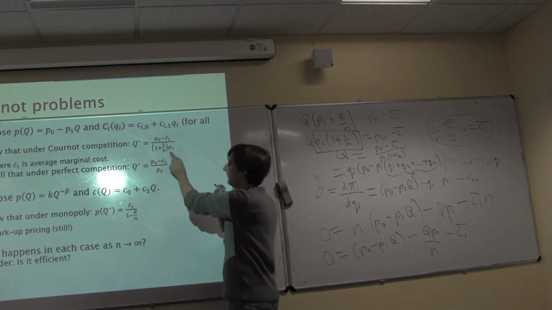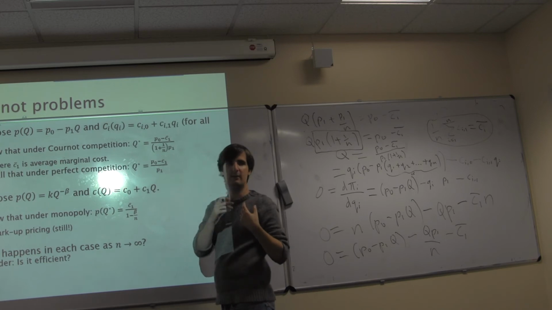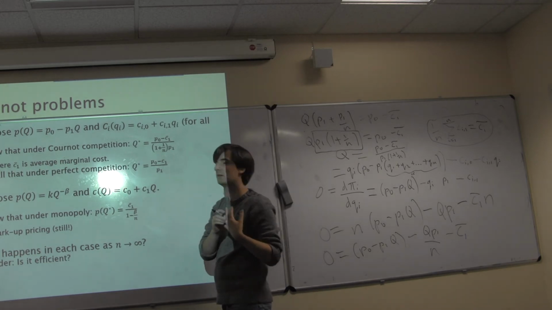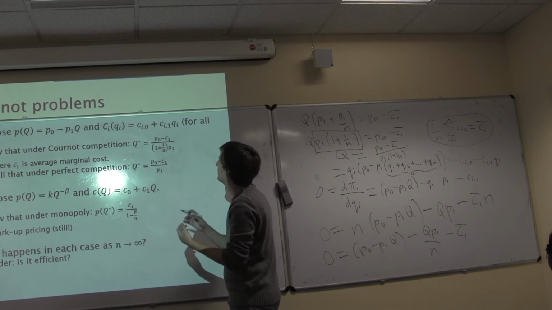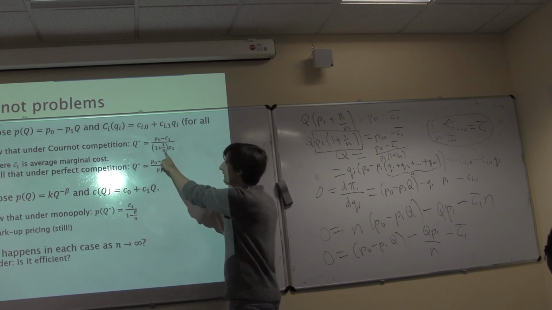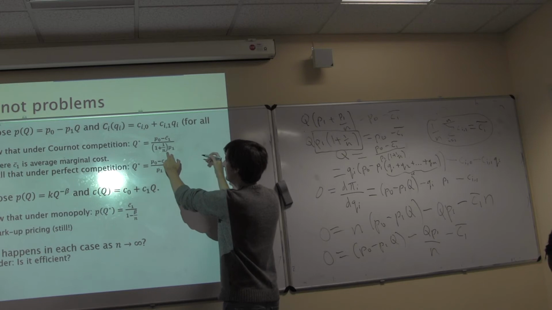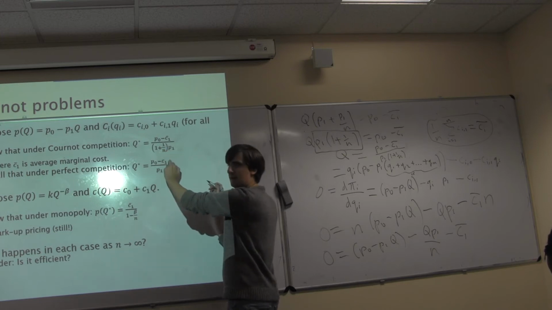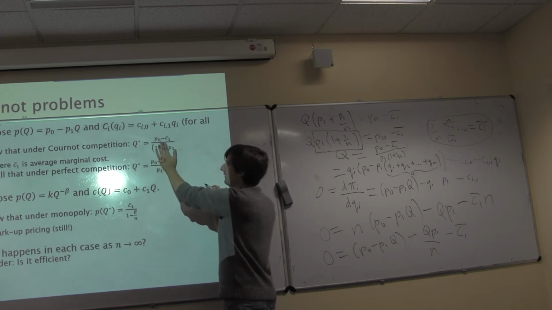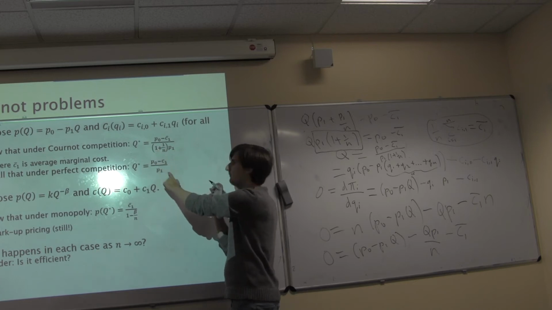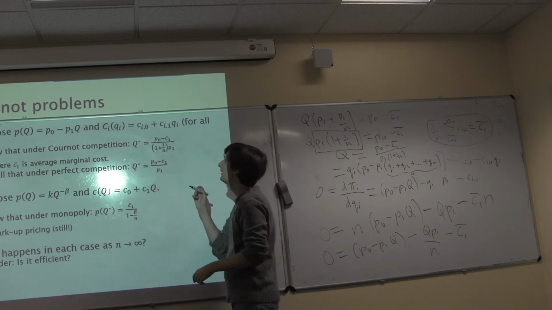So with monopoly, quantity is half what it is with perfect competition, with these linear costs. But as n increases, 1 over n gets smaller. As n goes to infinity, 1 over n goes to 0, so this term just goes to 1, and then you get the perfect competition result.